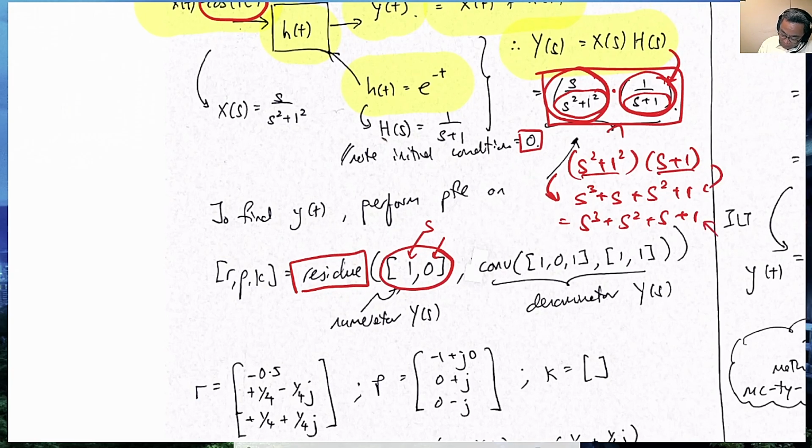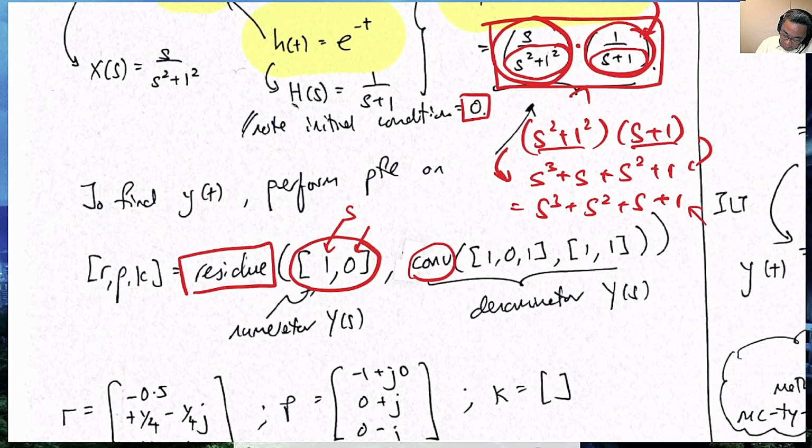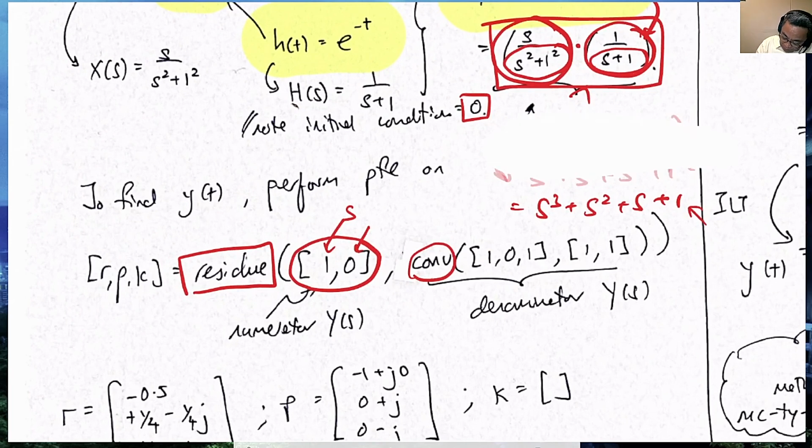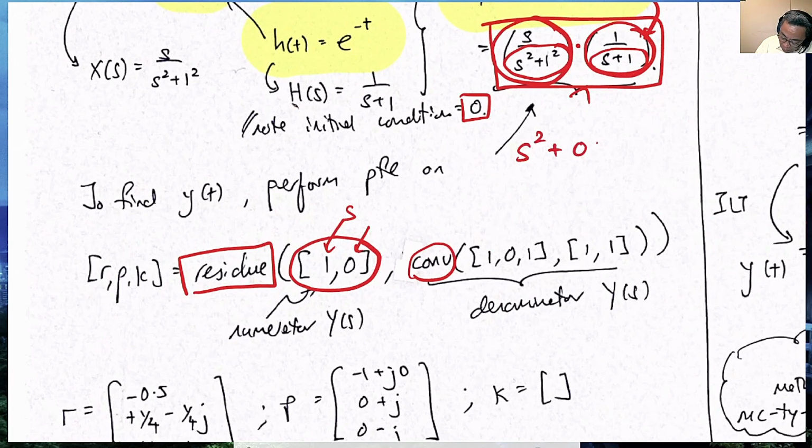I'm lazy, so I just use convolution to perform the multiplication of these polynomials. First, s squared plus 1 is s squared plus 0s plus 1, so the coefficients are 1, 0, 1.